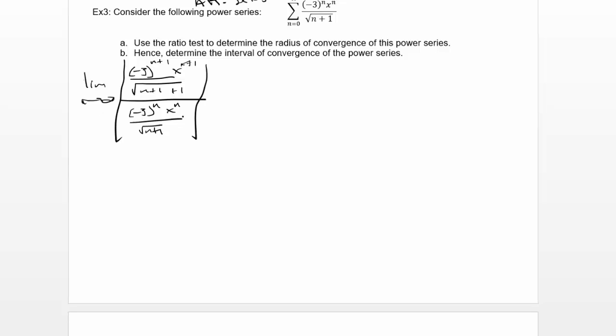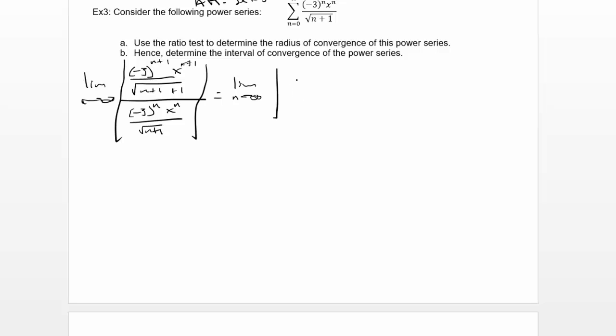Again, I'm going to flip the second guy and multiply. What was on top here will stay on top. What was in the denominator of the top will still be the denominator, and the denominator of the bottom will be in the new numerator.